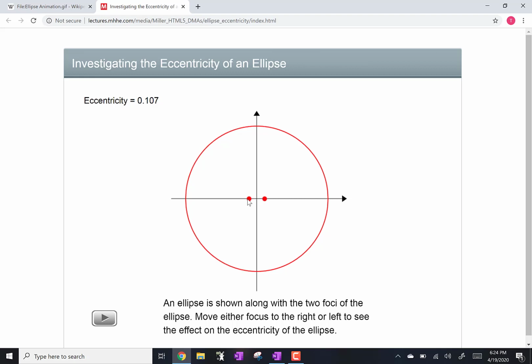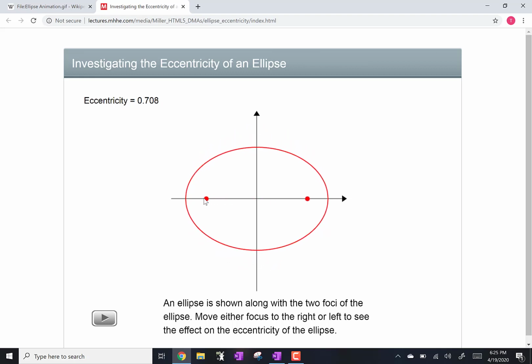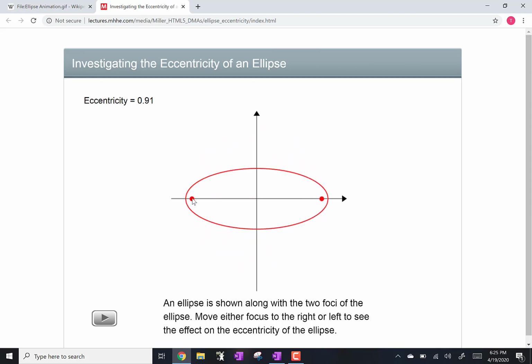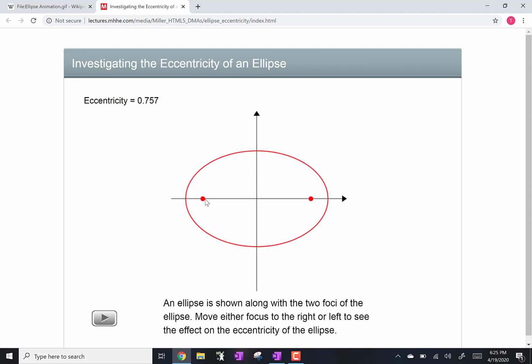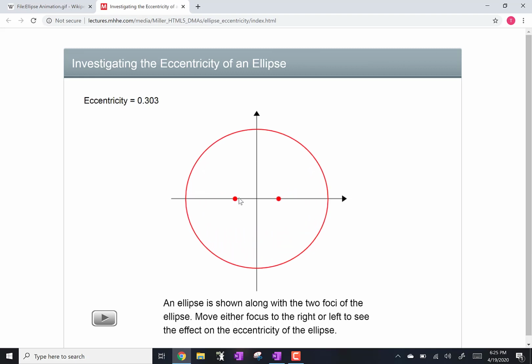In other words, the closer the value is to 0, the more elongated it is, or excuse me, I said that incorrectly. The closer the eccentricity is to 1, the more elongated it looks. And the closer the eccentricity gets to 0, the more circular the shape looks. So that's interesting to note.